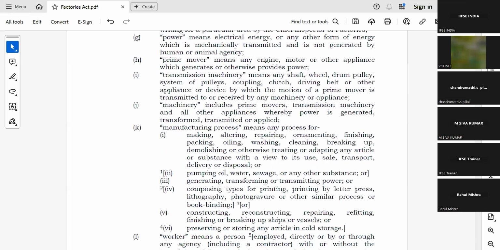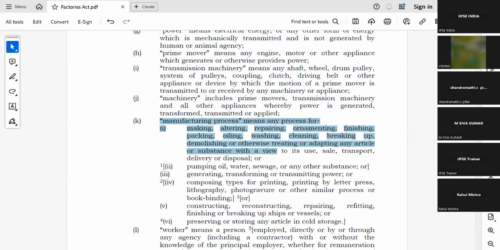They've given the definition of manufacturing process. It means making, altering, repairing, ornamenting, finishing, packing, oiling, washing, cleaning, breaking up, demolishing, or otherwise treating or adapting any article or substance with a view to its use, sale, transport, delivery or disposal, which is called the manufacturing process.